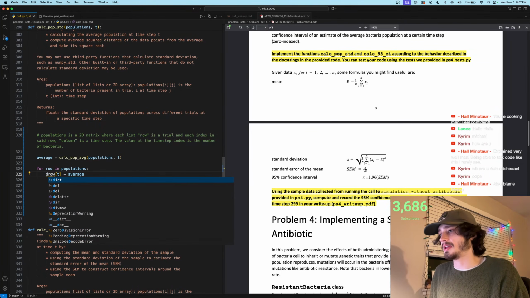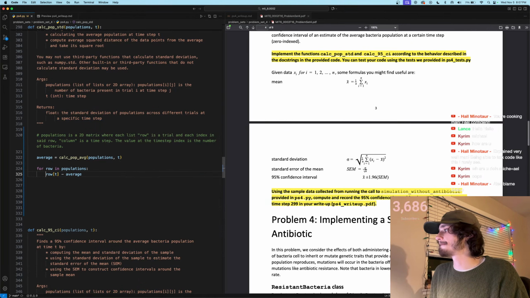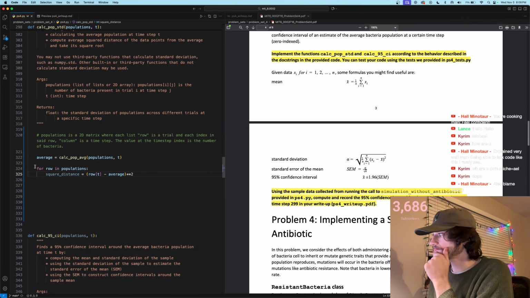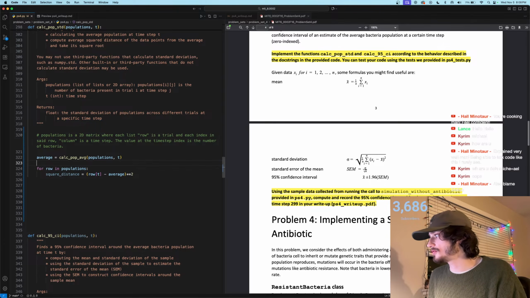And we're going to call this the distance. And then we're going to raise it to the power of 2 and call this the square distance. And then we want to sum all of these square distances.